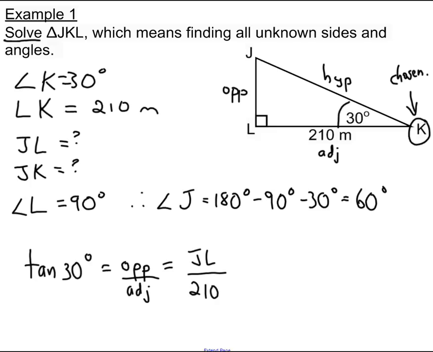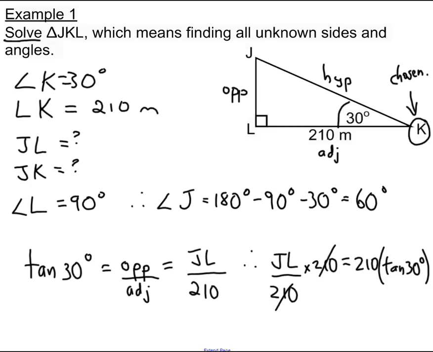So from that, I can solve for JL. I'll multiply both sides by 210, and that would leave me with just the value of JL. Okay, so this needs to be calculated, so I'll leave that with you.